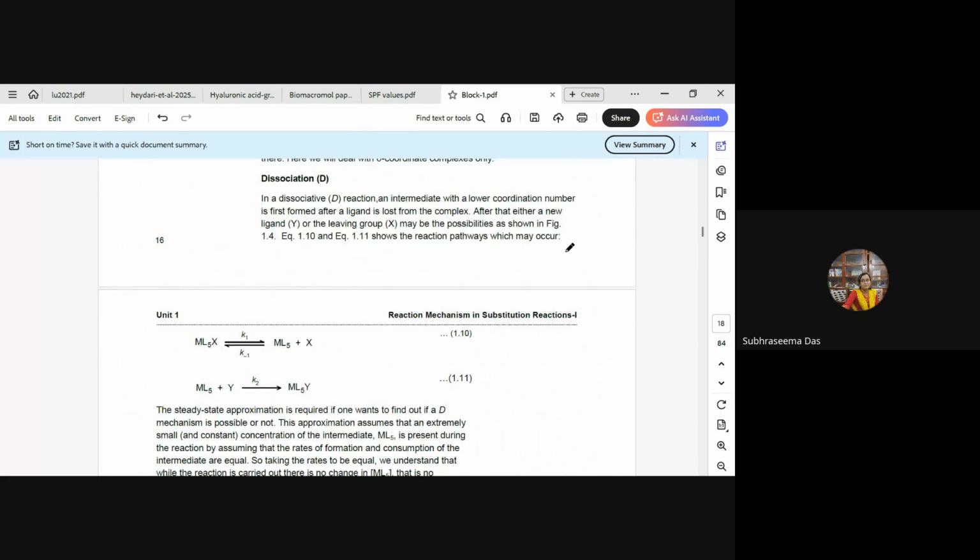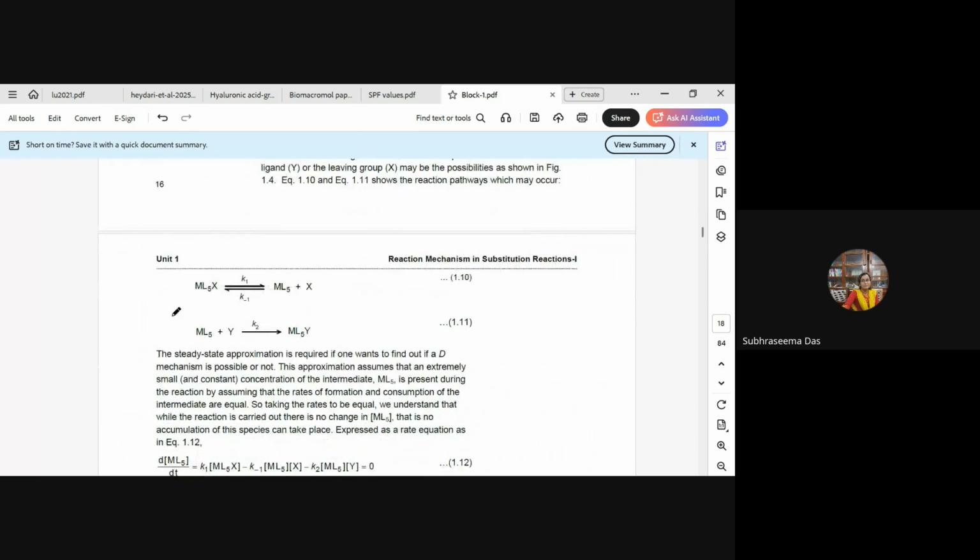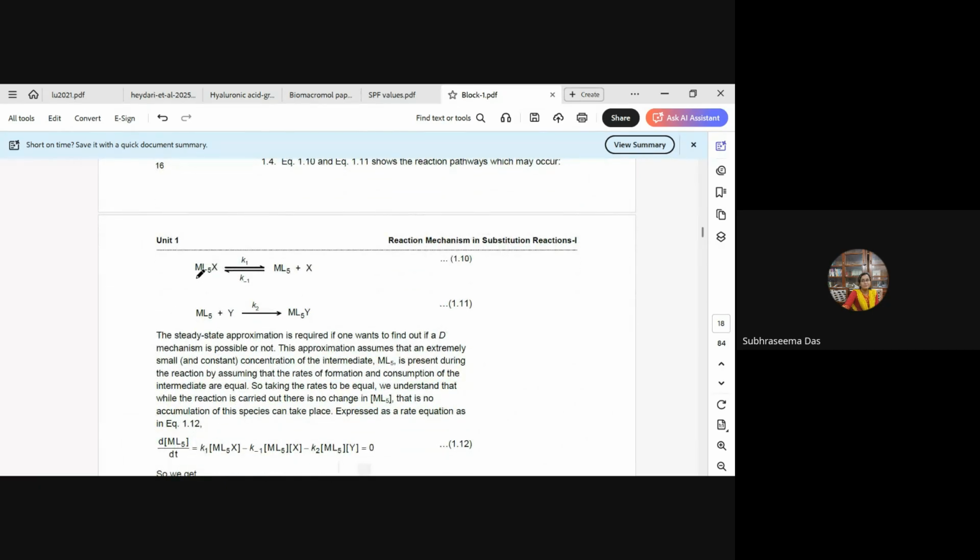So what happens in the reaction process is shown here, that is ML5X. K1 is the rate constant for the forward reaction. K minus 1 is the rate constant for the backward reaction. X is the ligand that leaves, the ligand that goes away.